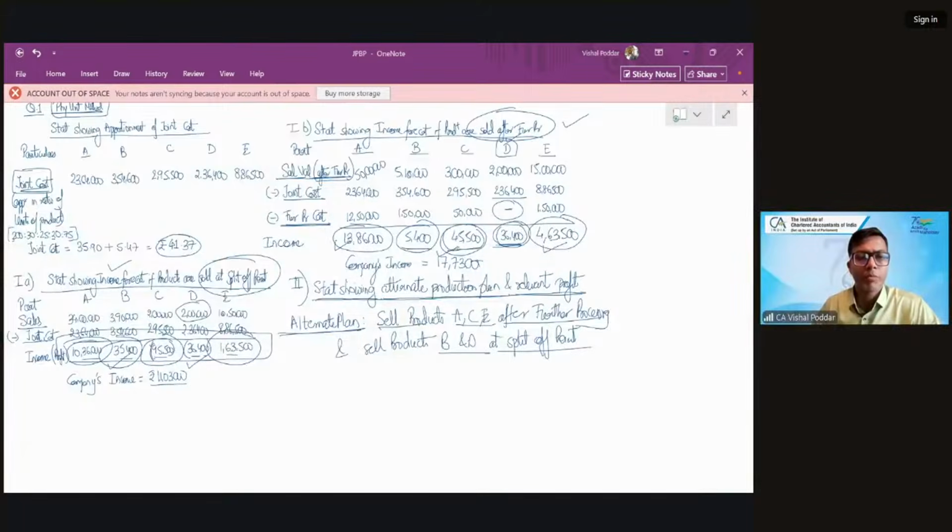Himanshu, what you have written, I'm not able to understand. Sir, can you explain the calculation parts in getting figures? What it means, Himanshu? Minu Kumari, what is the units of further processing? Units are the same, no? What units you produce, the same units either you sell at split off or you are selling after further process. Is there a different units given after further processing?